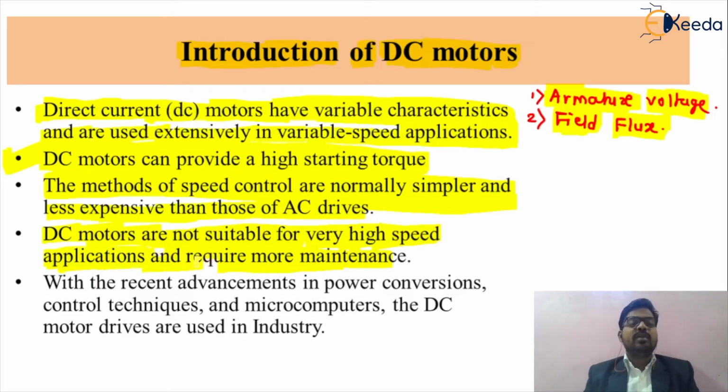Due to the commutator and brushes, the weight of your DC motor will be large, so due to its high weight it cannot be used for very high speed applications, and due to the commutator and brushes it requires frequent maintenance. So that's why most of the time at high speed we prefer AC drives instead of DC drives. That is a very important point.